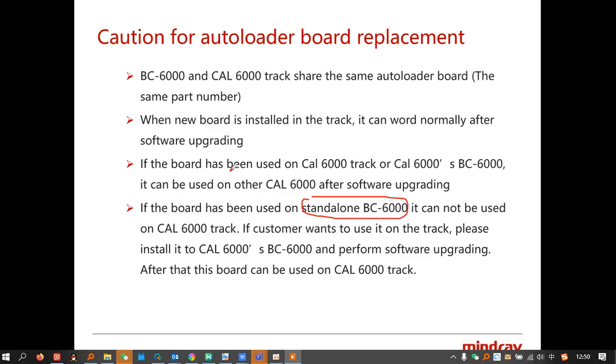And talking about this point, how I remember, in the KEL 8000, if you want to upgrade a standalone BC6800 or 6800 plus to the KEL 8000, it's very easy. Just install it and upgrade the software. But if you want to remove a 6A or 6A plus from the KEL 8000 and make it used as a standalone, what do you need to do?